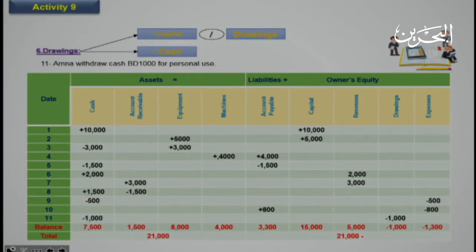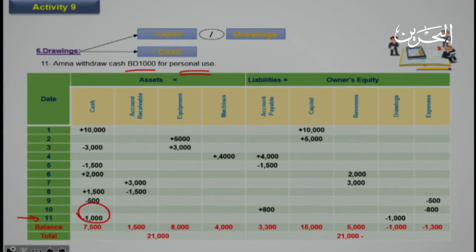Moving to the drawing section. Amna withdrew cash of 1,000 for personal use. If I draw an amount from my account directly, I know that my cash account will be affected by decreasing the amount in the cash account.